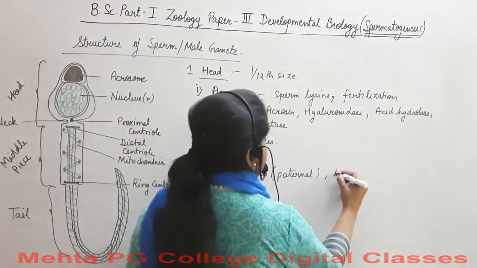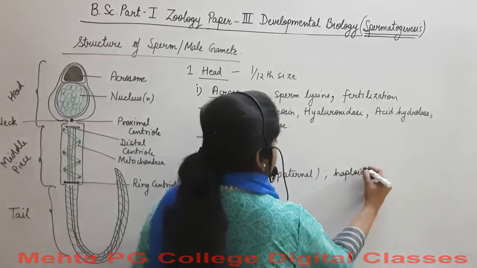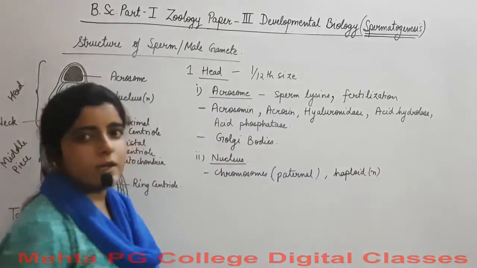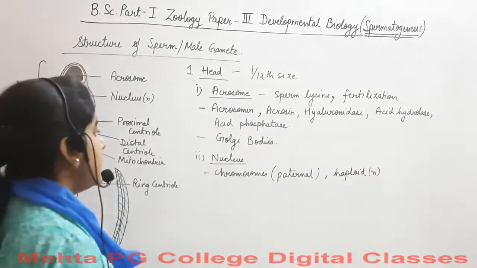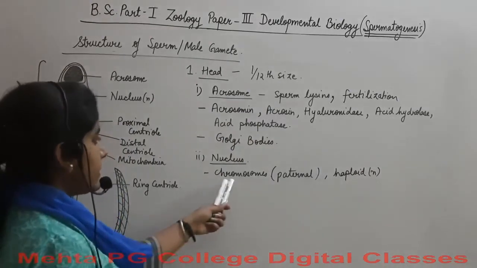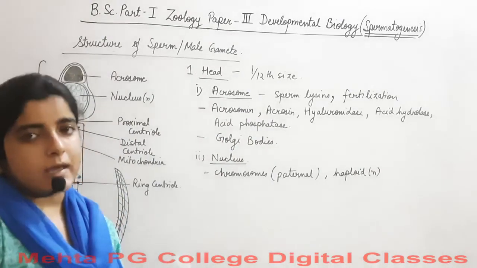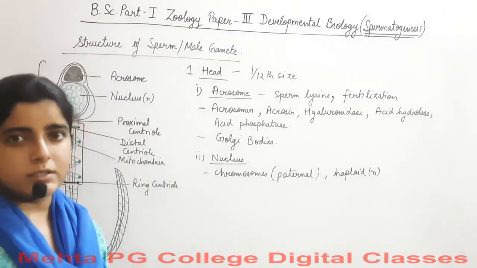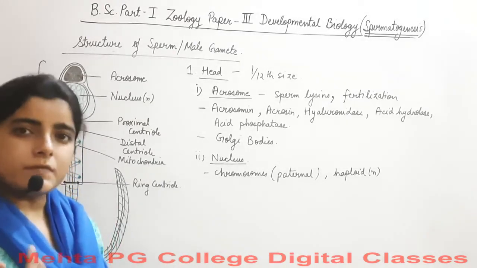They are haploid, because they have undergone the meiosis process. These chromosomes contain the characters of the paternal genes, or we can say father genes.